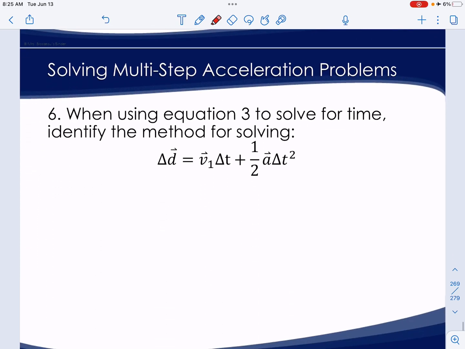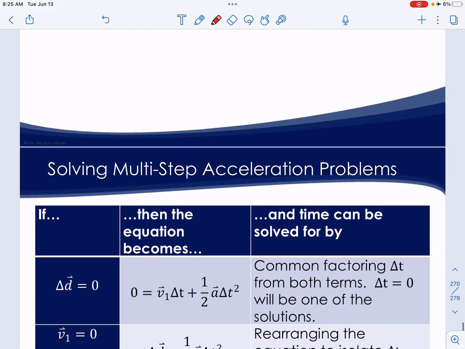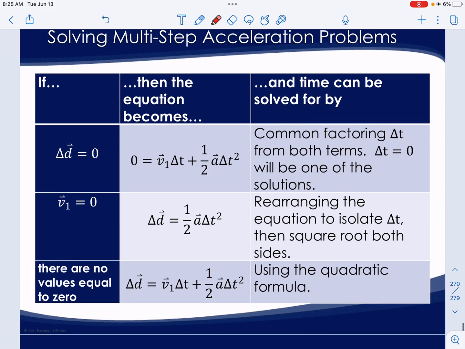When using equation 3 to solve for time, identify the method for solving. Okay. So here, when you have things like this, almost like quadratics, it just gives you some tips on how to do it. Like you can do common factoring like we did in the first example.